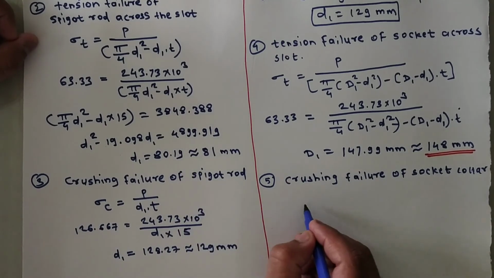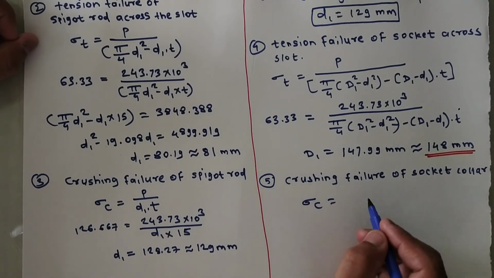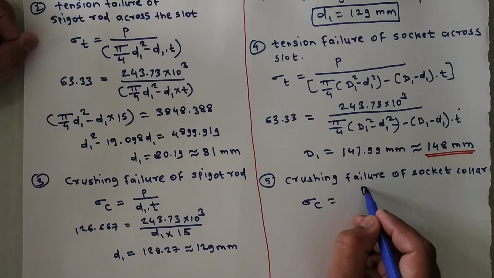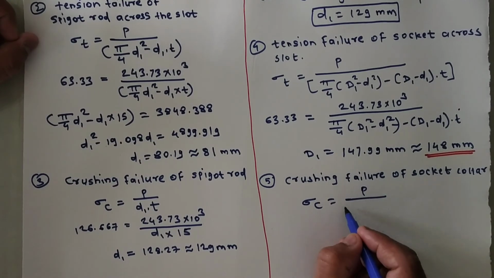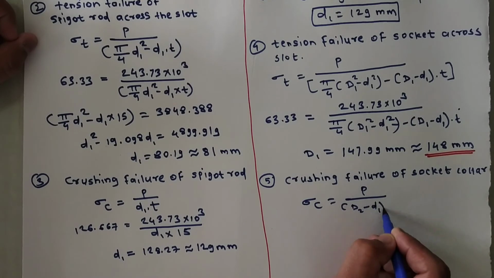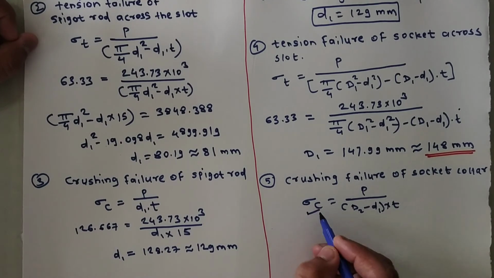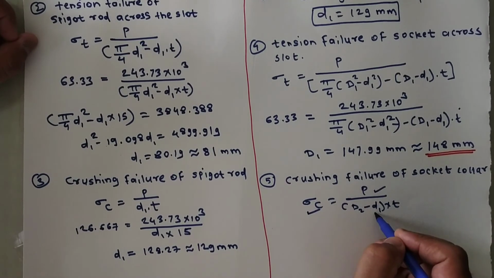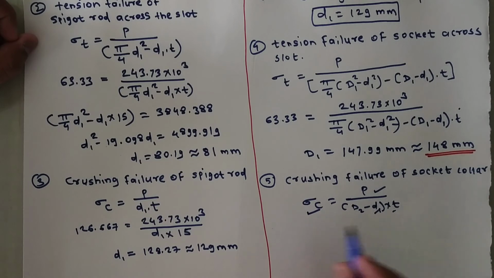So the equation for this, which we have seen in the previous sessions, is sigma c equal to P upon the area, and the area for the socket collar is D2 minus D1 into T. We know the sigma C, we know P, D1 we have found out, we know T.